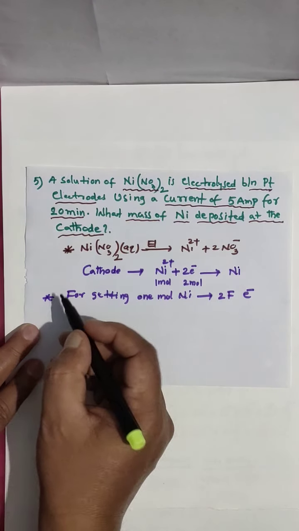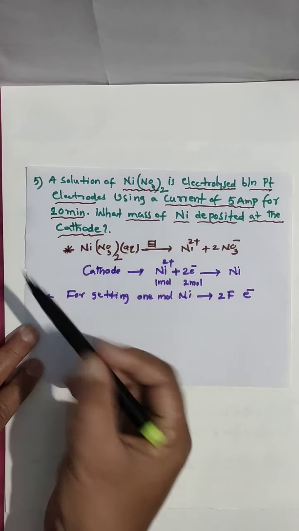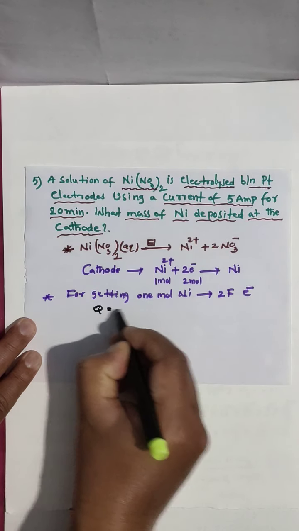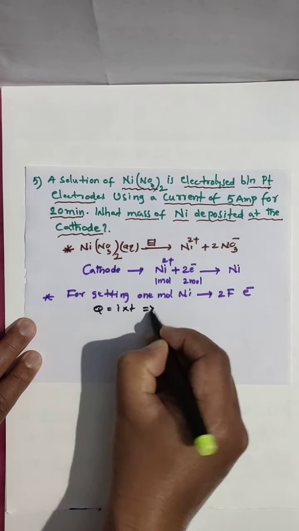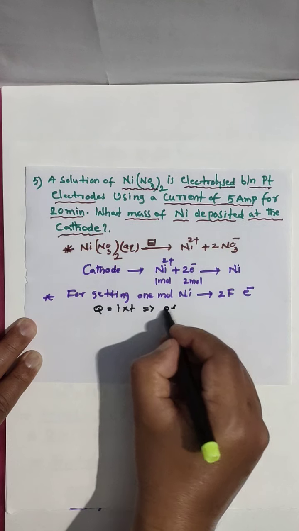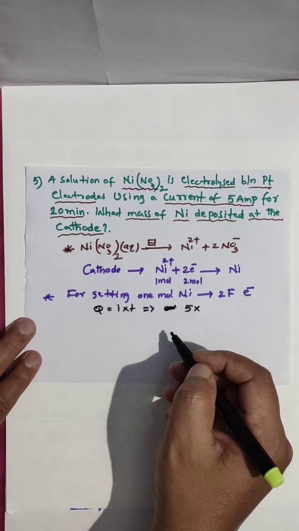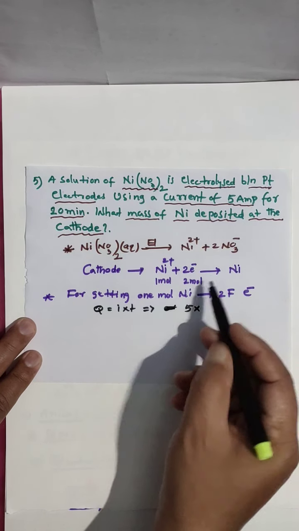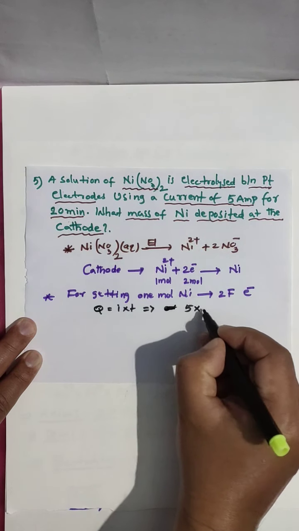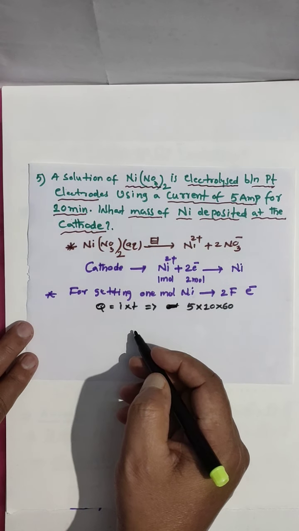Then the current is given as 5 ampere, and the time is given. So you have to calculate the value of IT. Q equals I into T, that is 5 into, and the time is given as 20 minutes. 20 minutes you have to convert into seconds, so 20 into 60.